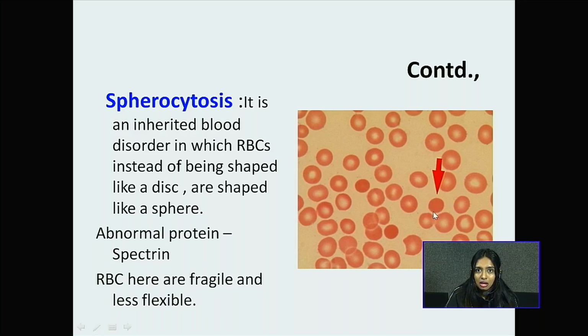So this is spherocytosis. The abnormal protein due to which spherocytosis occurs is spectrin. This is the protein responsible for this condition. RBCs here become very fragile and less flexible. Normal RBCs are not fragile and are very flexible, but here they become fragile and lose their flexibility.